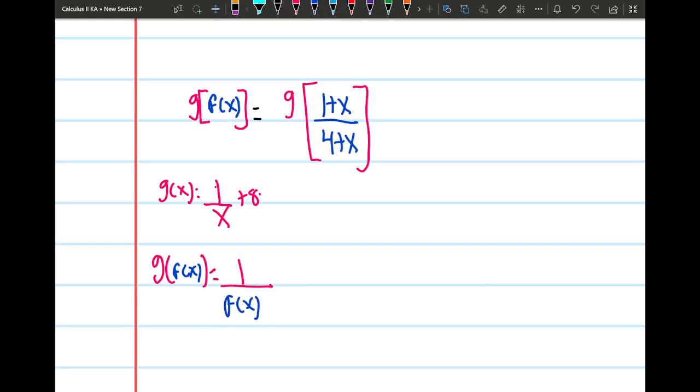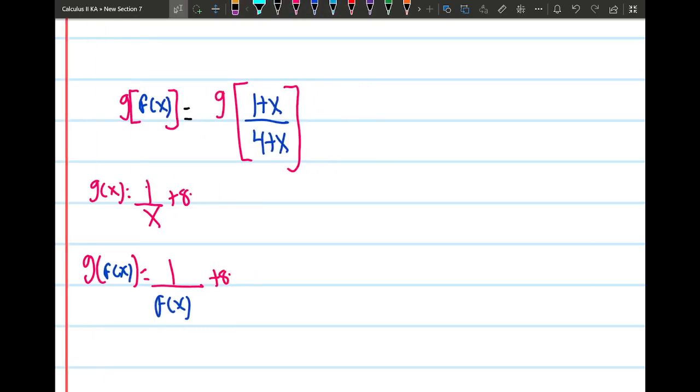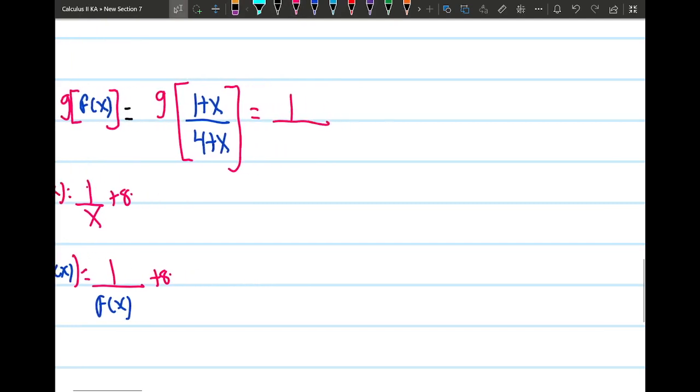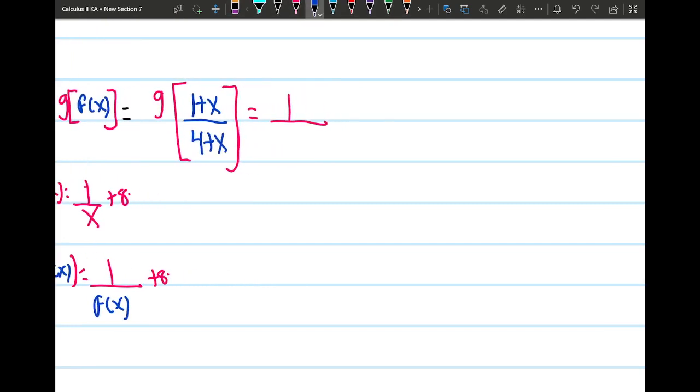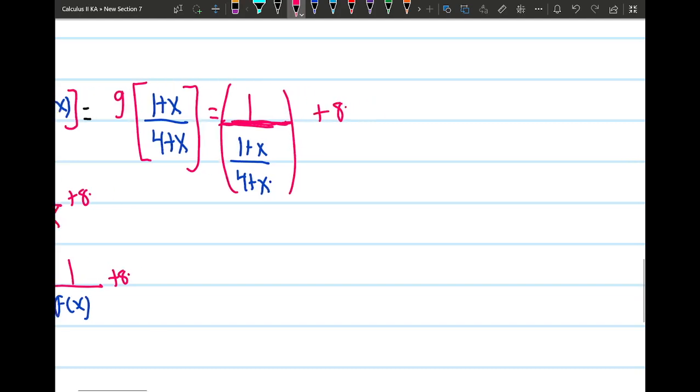Okay, and so from here, we're just going to put that in for that. So this is going to equal 1 over, and we're going to actually put 1 plus x over 4 plus x, and I want to put parentheses here and a bigger line here to denote that this is a division between a whole number and a fraction, and then plus 8, right?